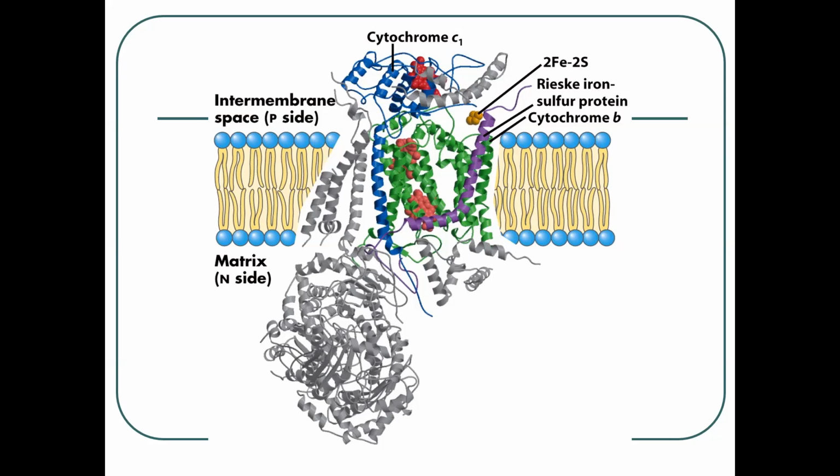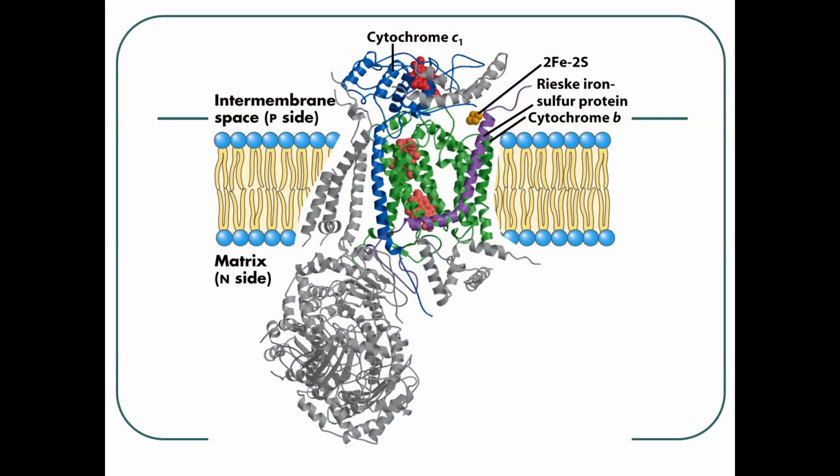So here is a structure of a monomer of complex 3. So complex 3 has lots of stuff going on. So you have 2 B-type cytochromes. You have a Rieske iron sulfur protein.